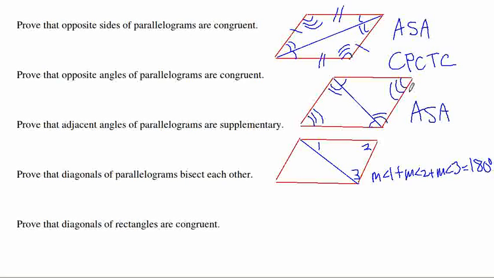Okay? And using the fact that alternate interior angles are congruent when formed from a transversal and two parallel lines or line segments, we know that the angle adjacent to angle 3 is congruent to angle 1.